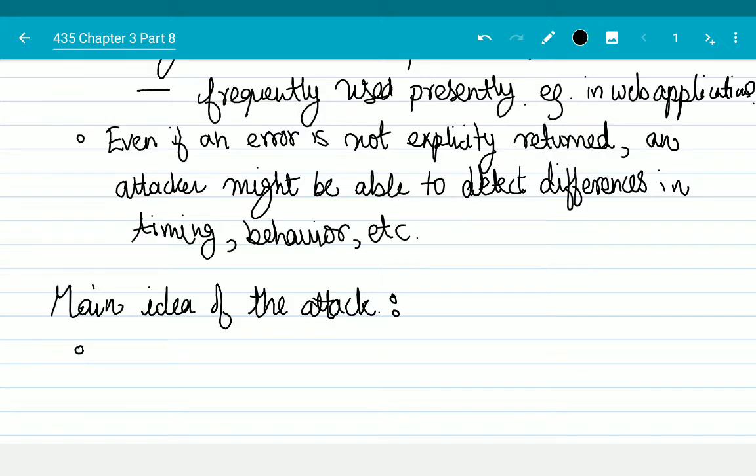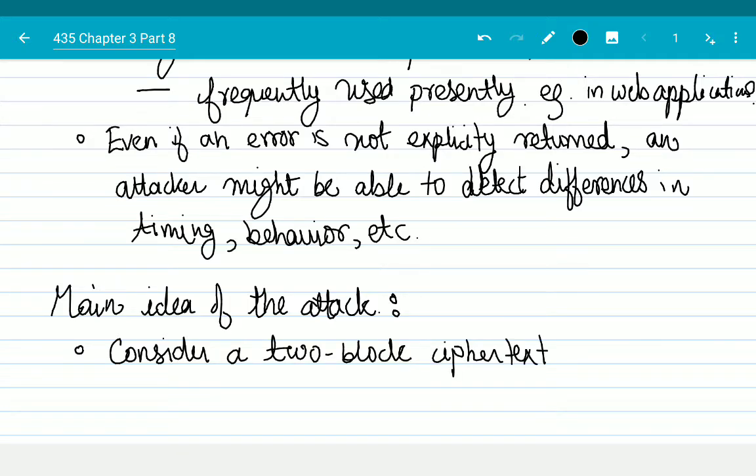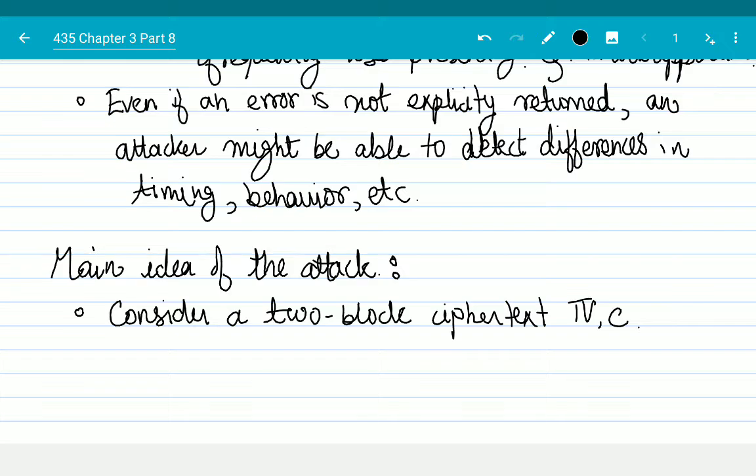First, consider a two-block ciphertext. For example, I'm just showing this for an easy one. The book uses a three-block example. You can use that also. Just for easier purposes, let us look at a two-block ciphertext: initialization vector, comma C. Okay.